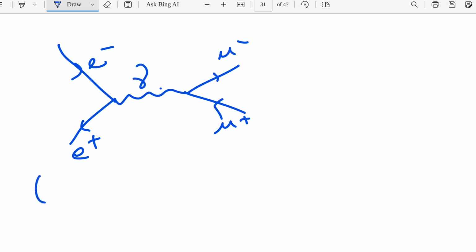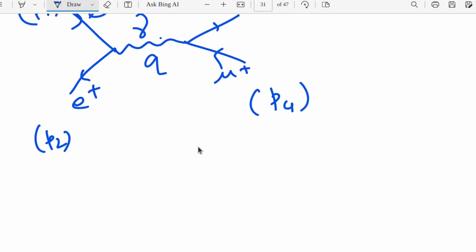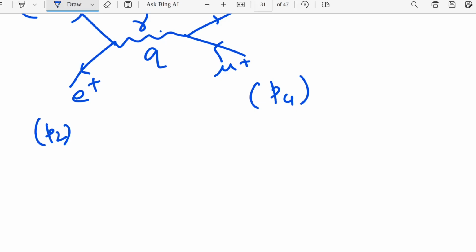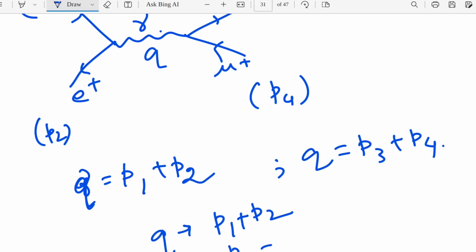Here it is P2, P1, P3, P4, Q. Obviously, due to the conservation of momentum, Q will be equal to P1 plus P2, and Q can also be equal to P3 plus P4, otherwise the momentum will not be conserved here. So the Q value will be P1 plus P2, or it can also be P3 plus P4.